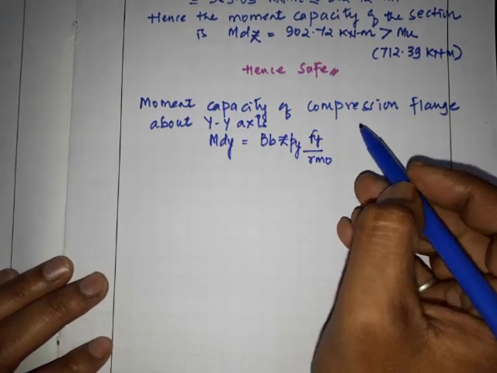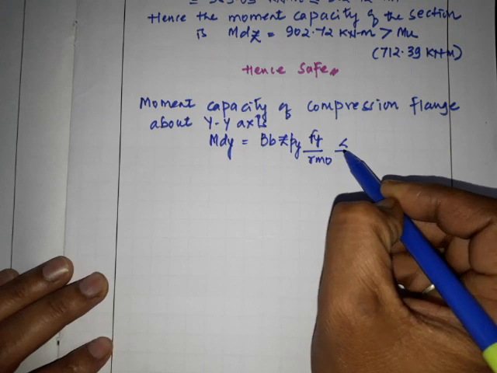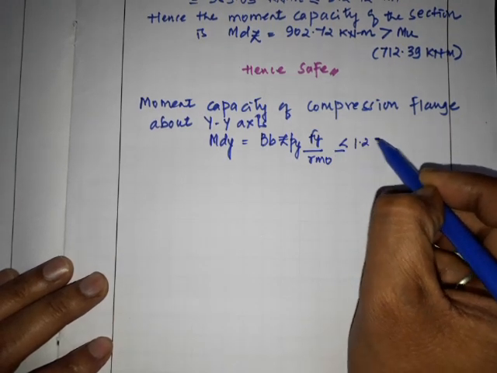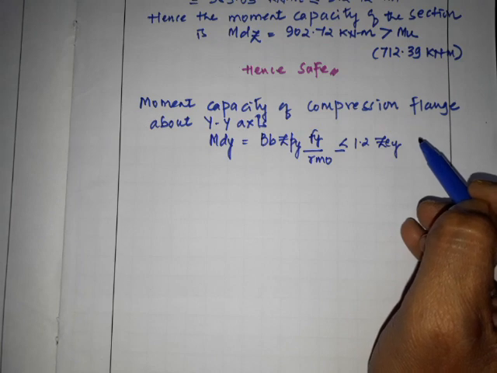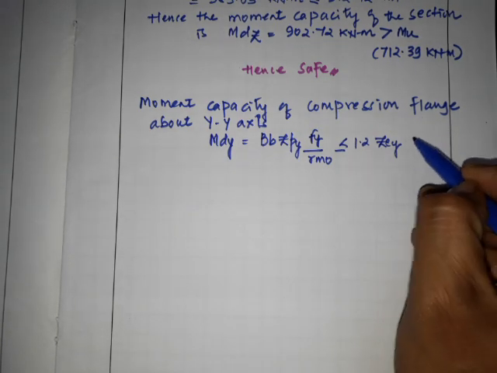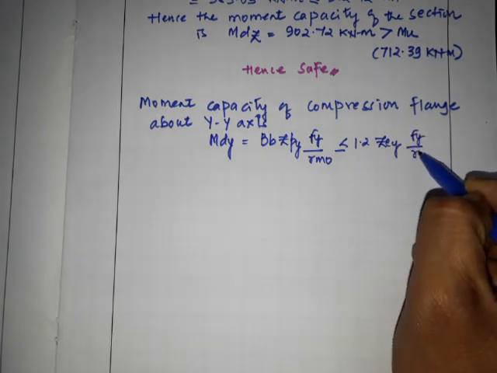Same formula we have to use here. Less than or equal to 1.2 into Zey. Okay, because we are considering compression flange about y axis, so Zey into fy divided by gamma m0.